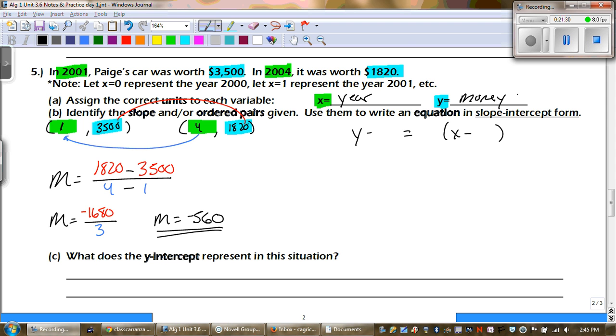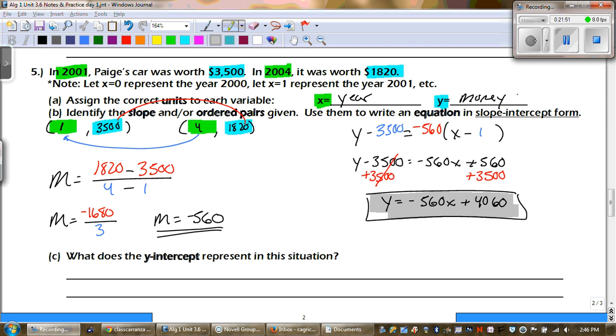Okay, so the first thing I did was the slope, and I just want to make sure you guys are right. You end up getting a negative $560. Okay? Now, go ahead and finish the next part. Pick a point, pause the video. Good luck. Okay, when you're all done, you should get y equals negative 560x plus 4060.